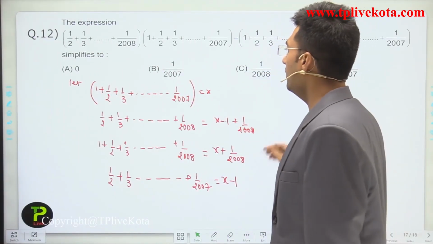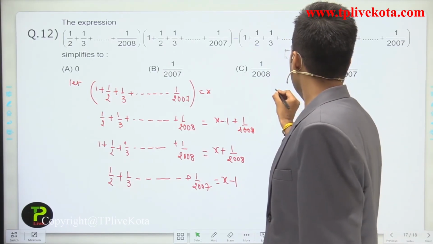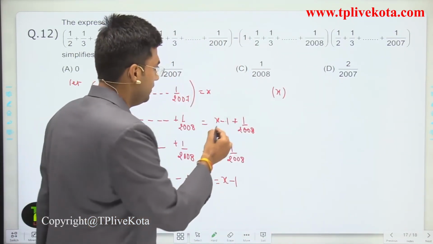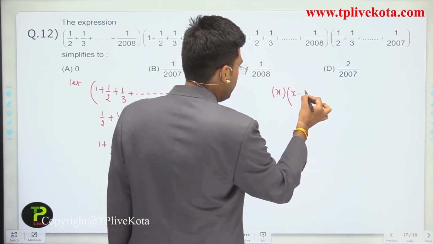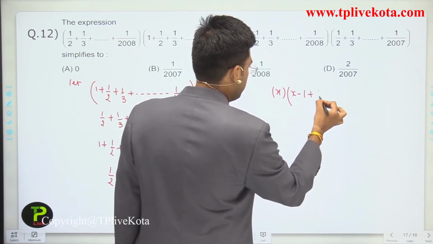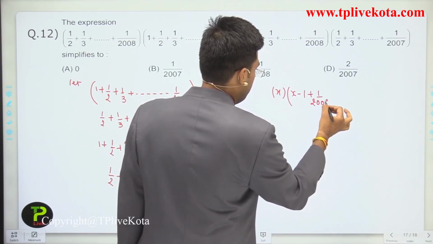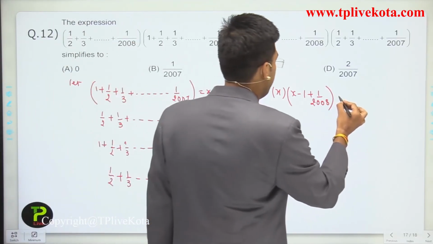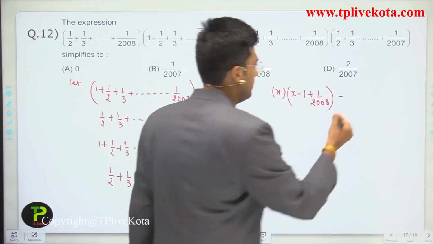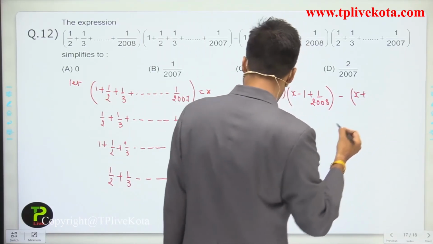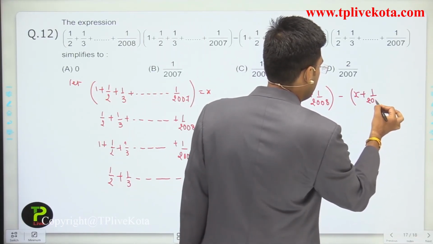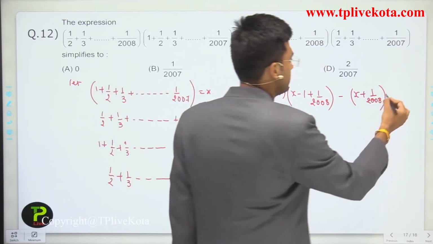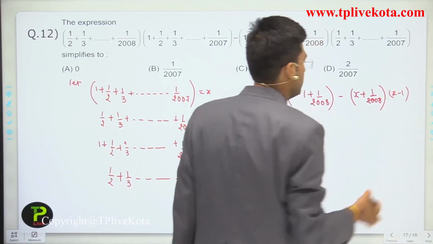What will we get? We will get x multiplied by x minus 1 plus 1 upon 2008. Okay. Now minus, next is x plus 1 upon 2008 multiplied by x minus 1. Okay.